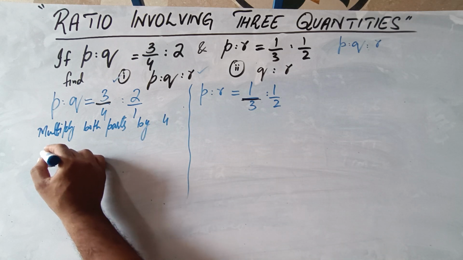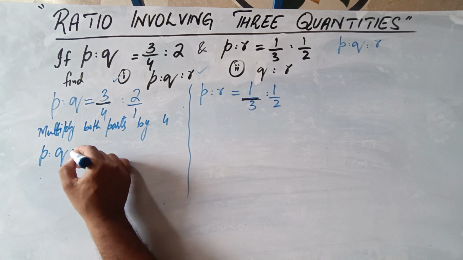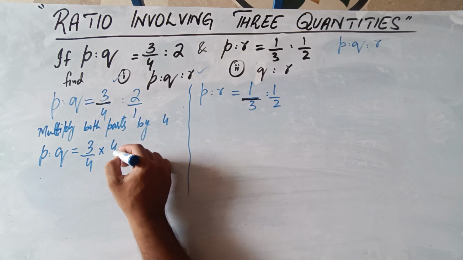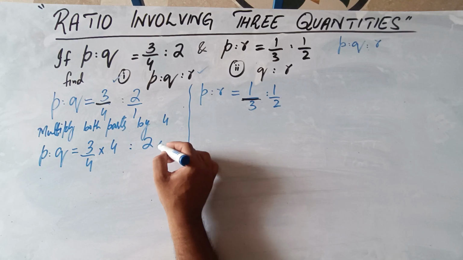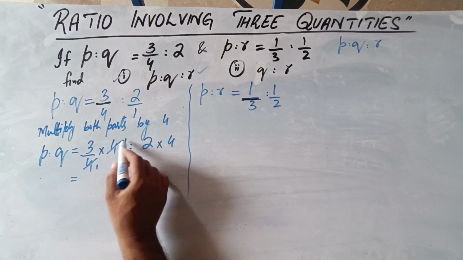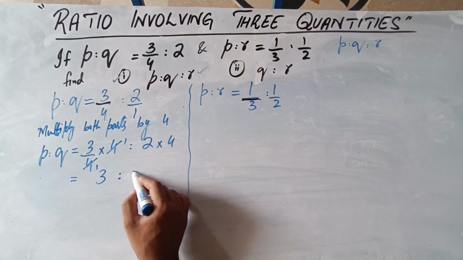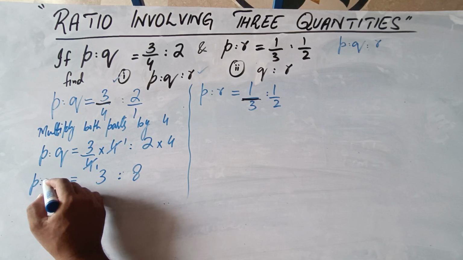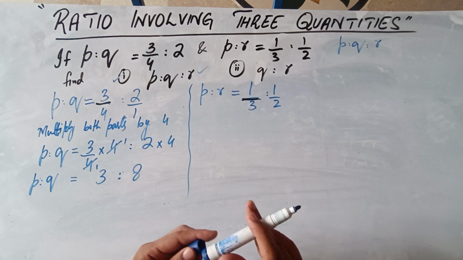So what would happen in this way? If we multiply both parts by 4, 4 ones are 4, 3 ones are 3, ratio 2 fours are 8. Now in this way they have been transformed into whole number values.